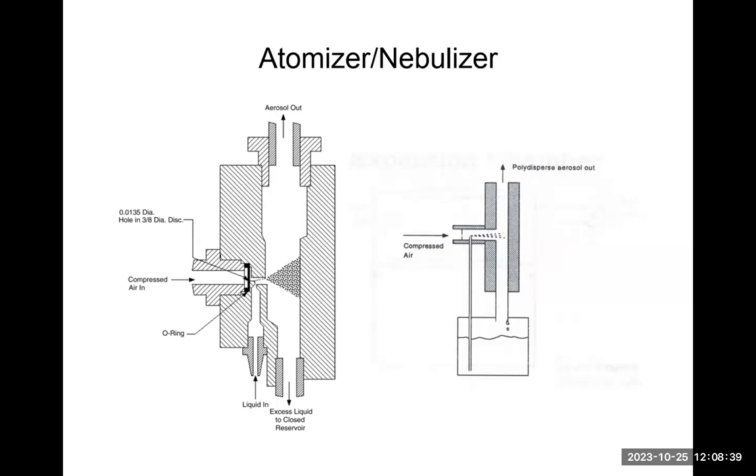Okay, so for the atomizers or nebulizers, what it does is that it injects a high pressure gas stream. Also note that this does not necessarily need to be a high flow rate, you just need a higher pressure, right? So the compressed air will be introduced inside and then form this straight gas stream going through.